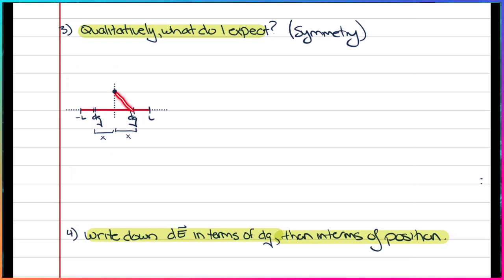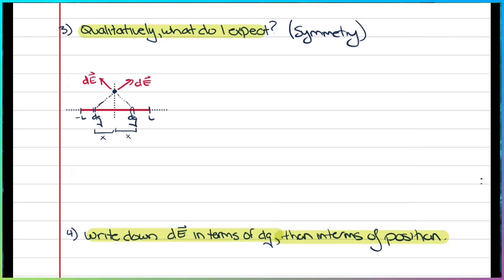This dq is creating, I'll use red for E fields, an E field that points in that direction. But then this dq on the left, and I'm choosing this dq to be the mirror dq, so if this dq is x to the right, this dq is x to the left, by symmetry that dq is going to make an E field that points in this direction.